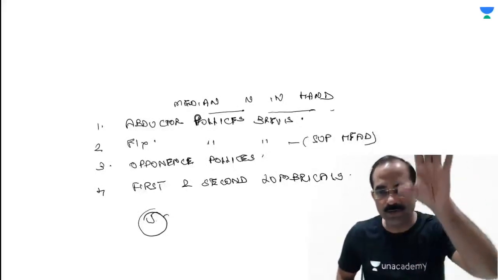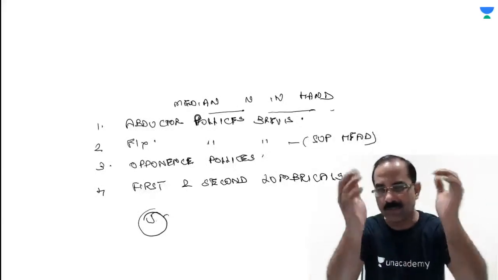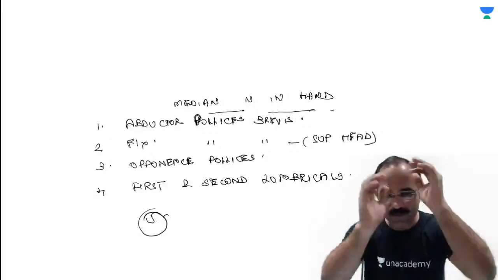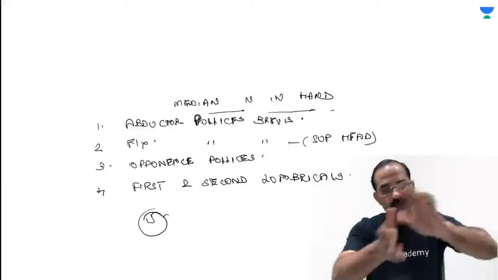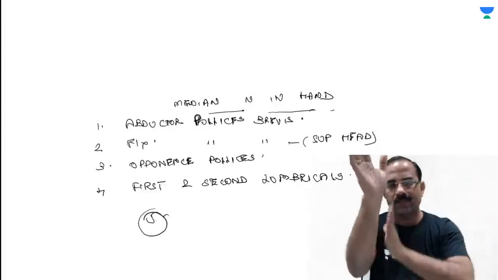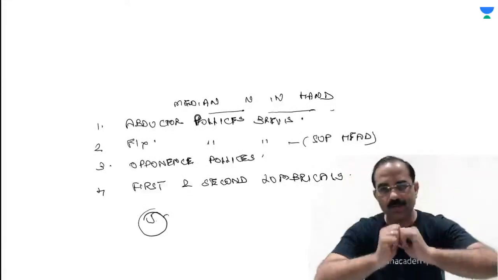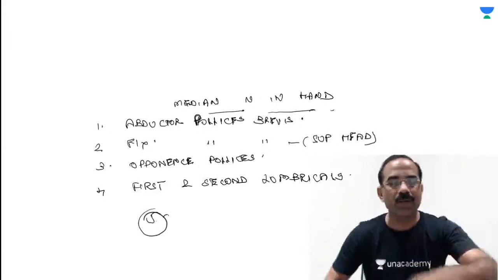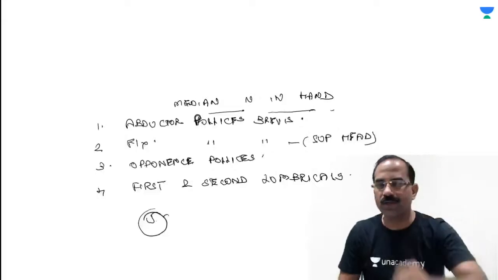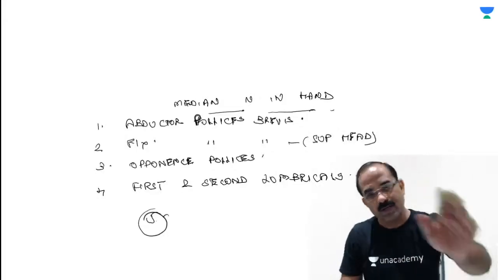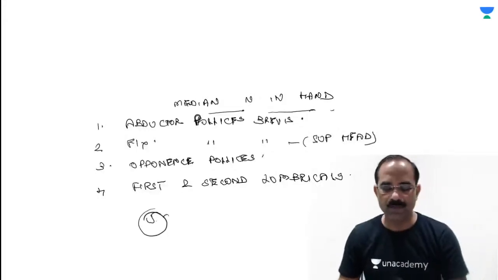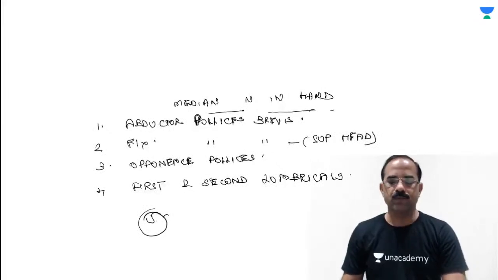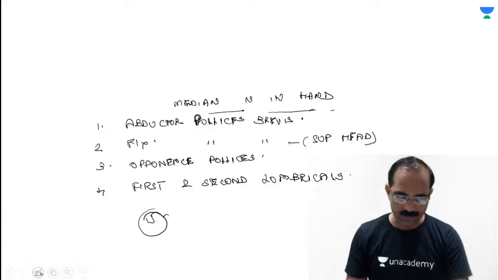But students, the median nerve and its branches supply many muscles in the forearm, and these muscles are used to lift weight. Median nerve is therefore known as a laborer's nerve.